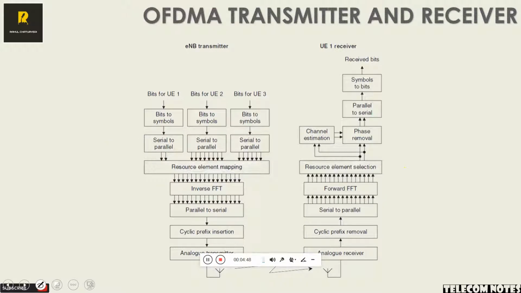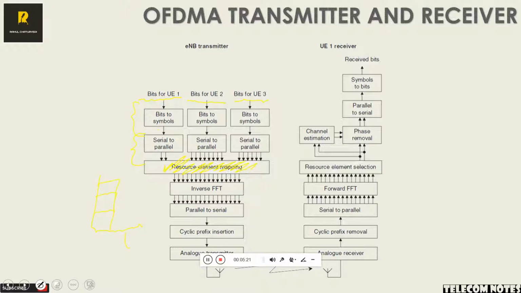Now looking at the block diagram again, as you can see, the eNodeB transmits bits for UE1, UE2, and UE3. You can see the bits changing into symbols here, and after that we change from series to parallel. Now this is the RE mapping, as I have just told you; we put it earlier in the same manner.